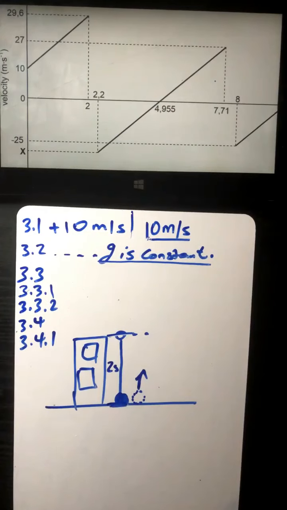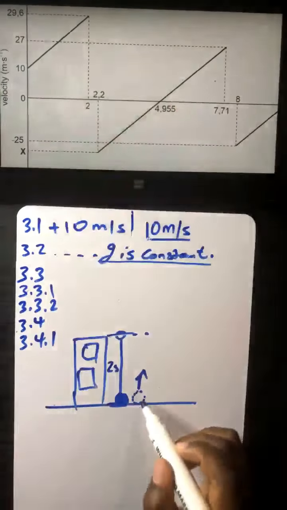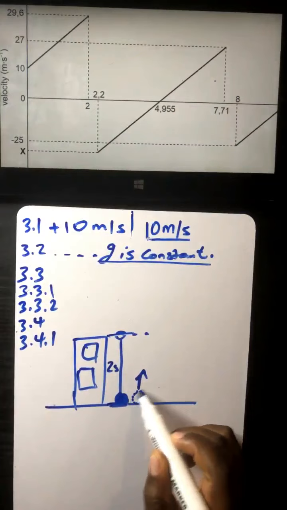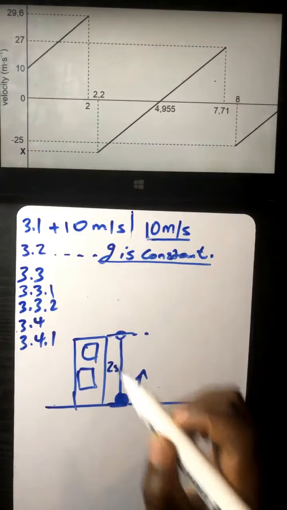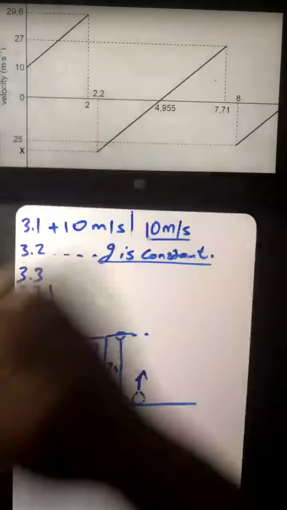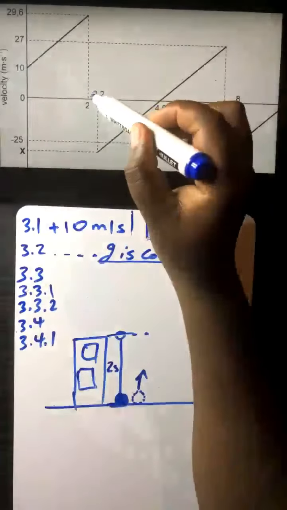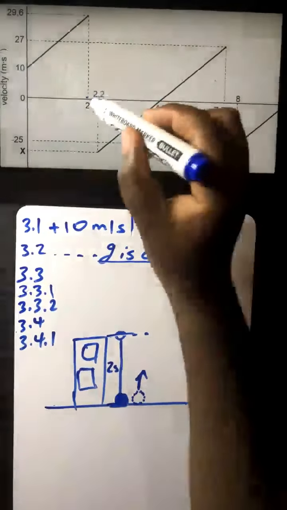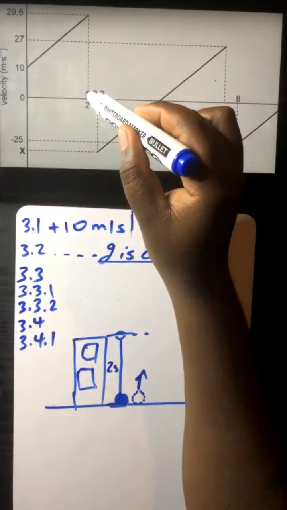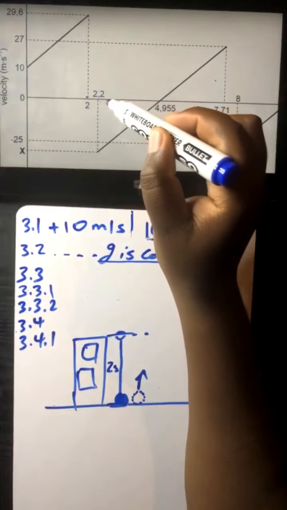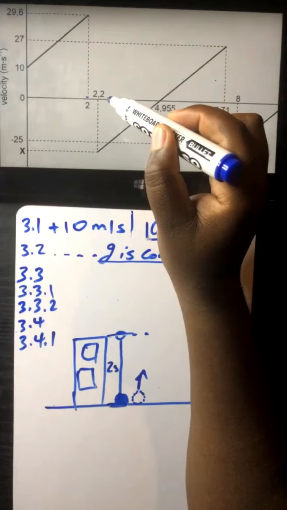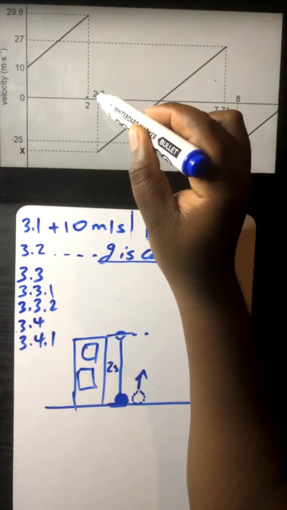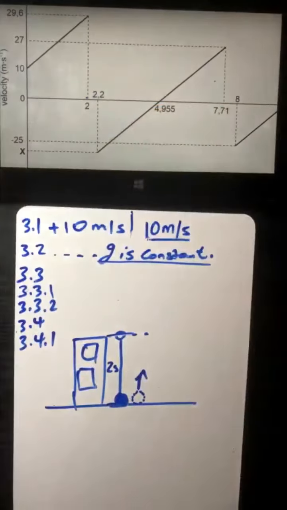But as it leaves the ground, it doesn't leave at the same time, or it doesn't leave from that 2 seconds. So you can see there's that space in between, and that object starts to leave the ground after 2.2 seconds.